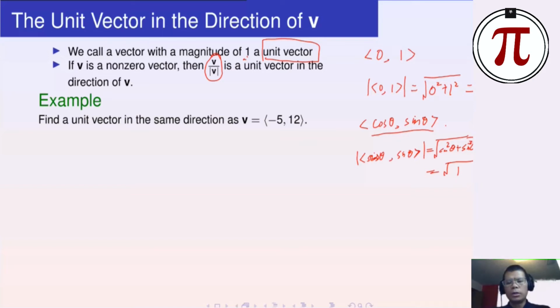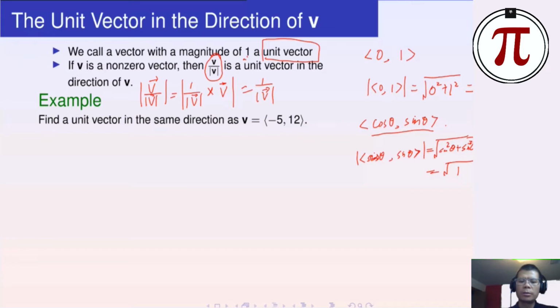The proof is pretty simple. If you take the magnitude of v over the magnitude of v, the 1 over the magnitude is a positive constant, so you can take it to the front, and it is 1 over the magnitude of v times the magnitude of v.